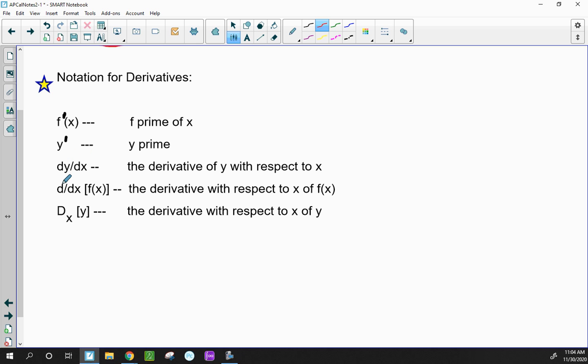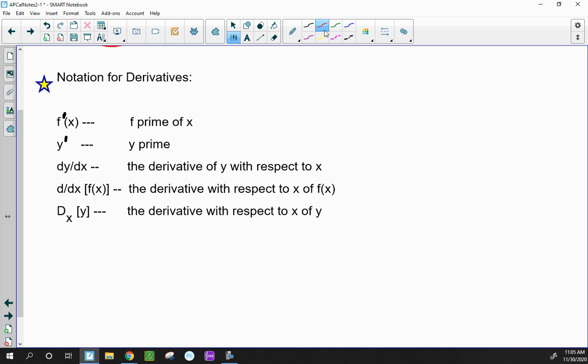Then if you see d over dx f of x, that's saying find the derivative with respect to x of the function f of x. So the bottom part is the part that deals with respect to. And then occasionally you may see a capital letter D with x as a subscript, and then some function here, that you would read as the derivative with respect to x of y.